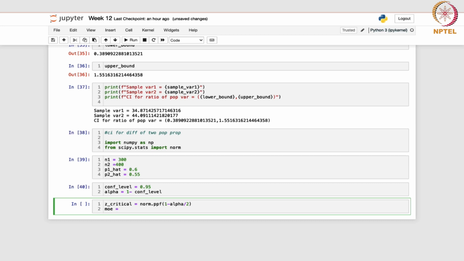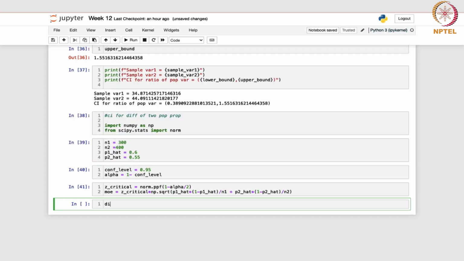So let me write that: z_critical times np.sqrt of p1_hat times 1 minus p1_hat, the whole divided by n1, plus p2_hat times 1 minus p2_hat, the whole divided by the second sample size.